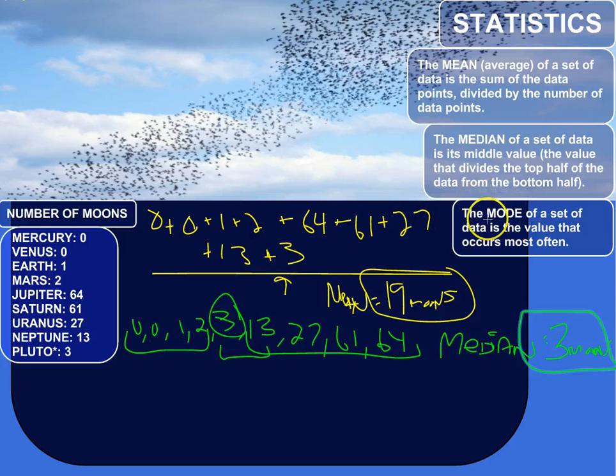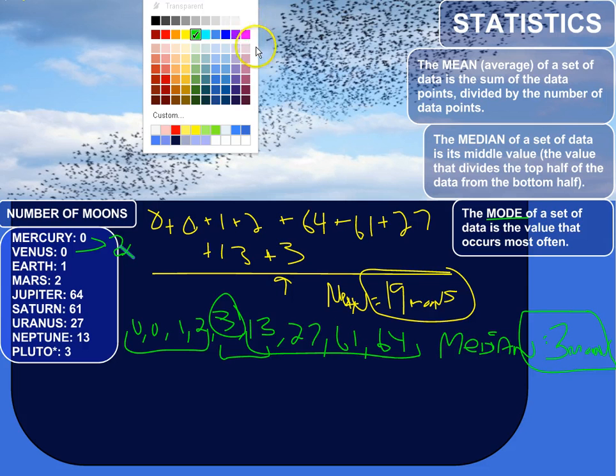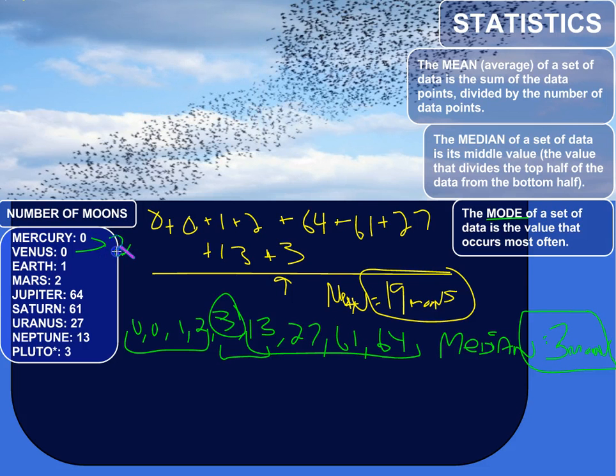Okay, let's do our last measure of central tendency, and that's the mode. The mode of a set of data is just the value that occurs most often. 0 moons occurs twice. There are 2 planets with 0 moons. Only one planet has 1 moon.